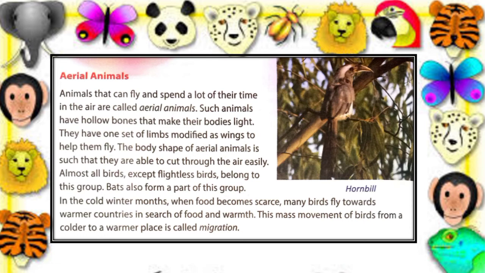Now let's understand about aerial animals. These are animals that can fly and spend a lot of their time in the air. And such animals have hollow bones that make their bodies light, and they have one set of limbs modified as wings to help them fly.